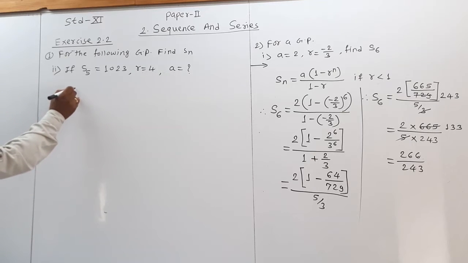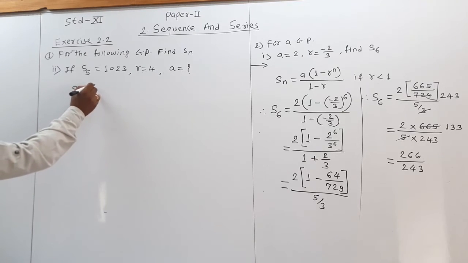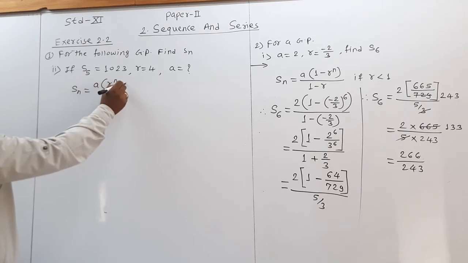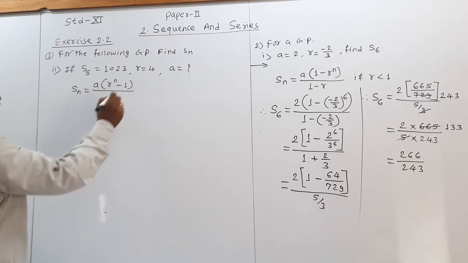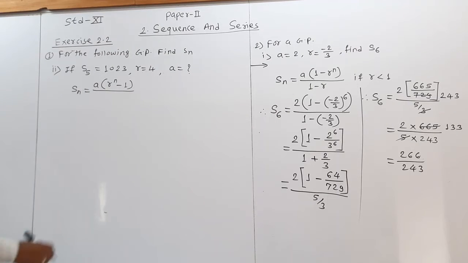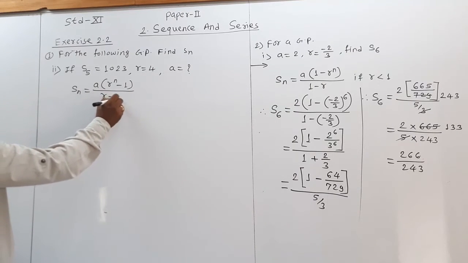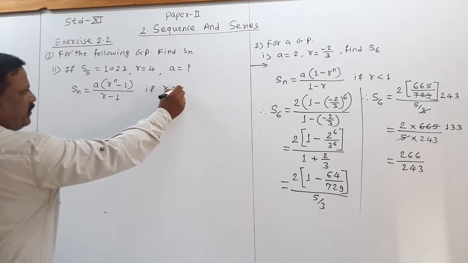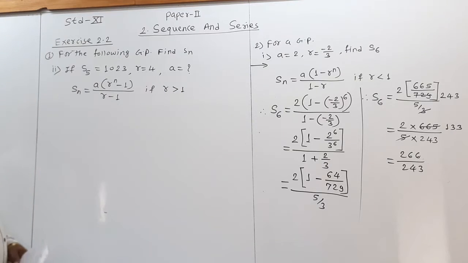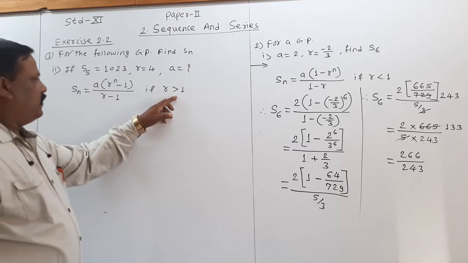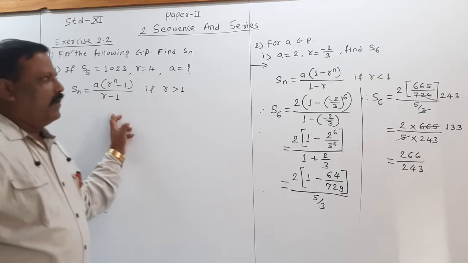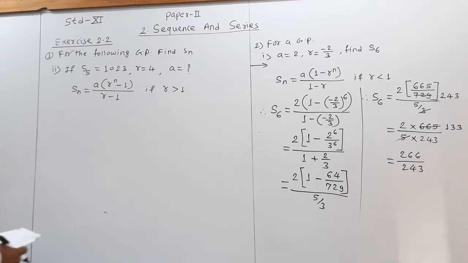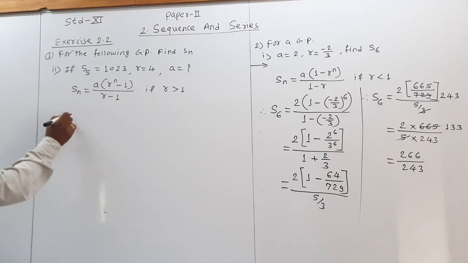So apply the formula SN equal to A into the bracket R raised to N minus 1 upon R minus 1. आपण हा फॉर्म्युला का सिलेक्ट केला तर R इज ग्रेटर दॅन 1. जर R 1 पेक्षा मोठा असेल तर हा फॉर्म्युला अप्लाय करायचा आणि लेस दॅन 1 असेल तर हा फर्स्ट एक्झाम्पल जो आपण अप्लाय केला तो. n is the 5.